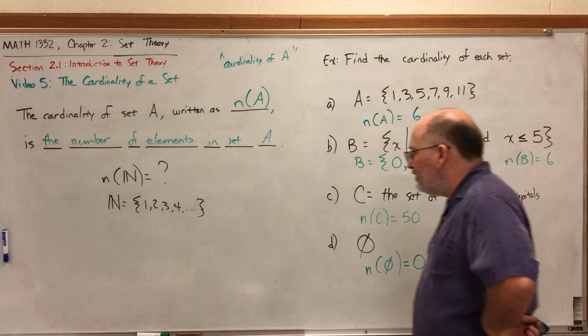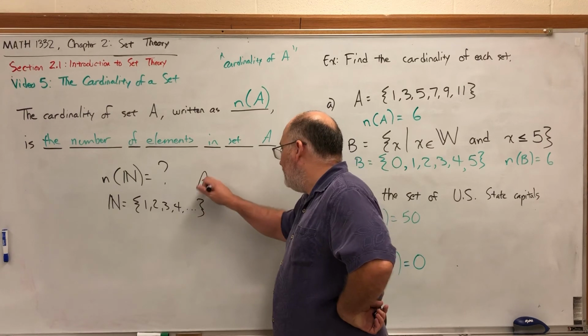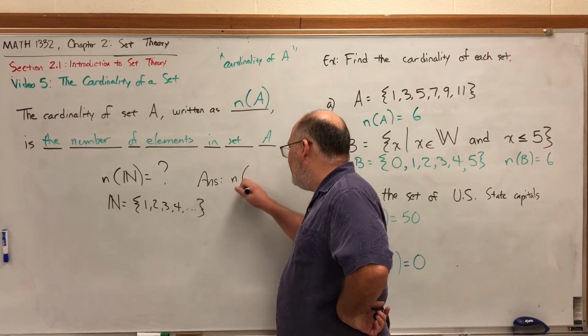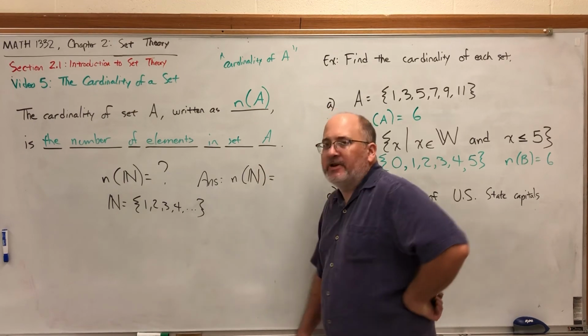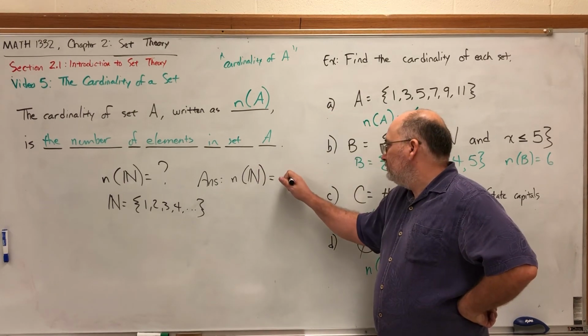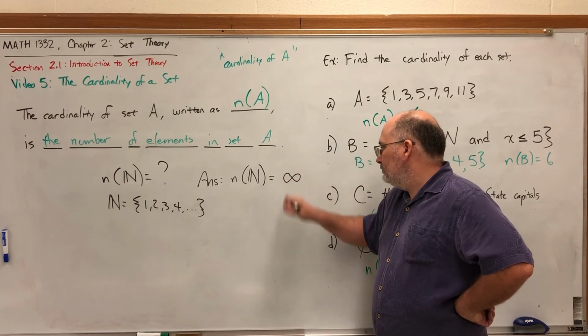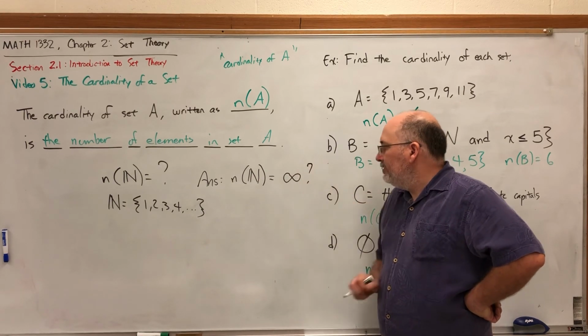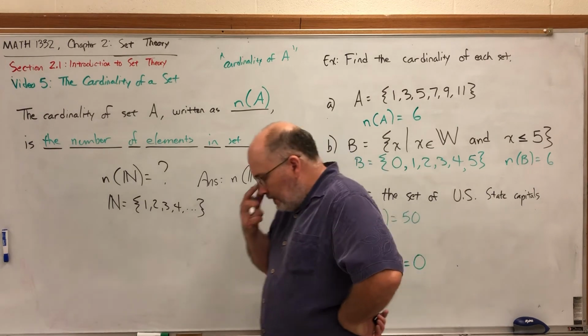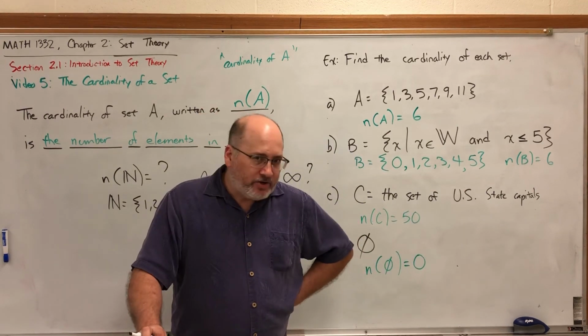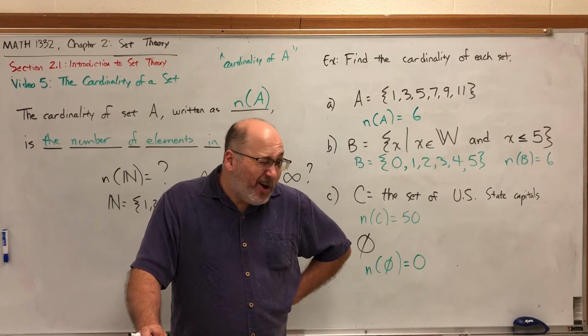Well, what's the symbol for something that goes forever without stopping, mathematically speaking? Could we say that the cardinality of the natural numbers is infinity? Later on in this chapter, we'll address this question in more detail.